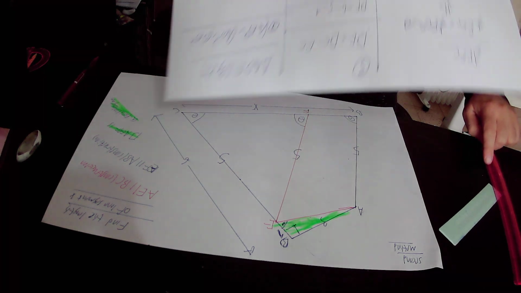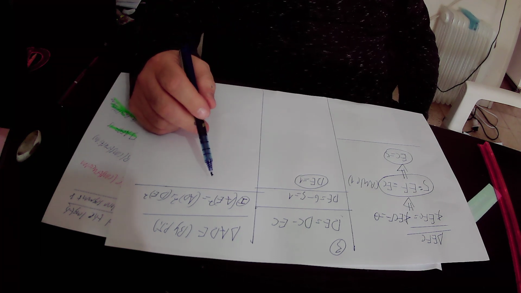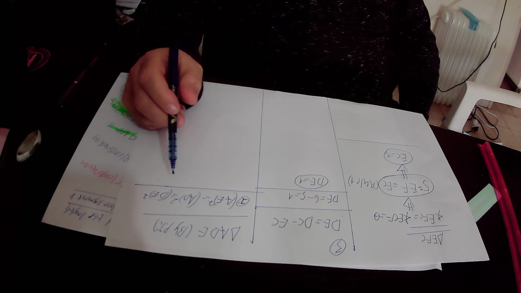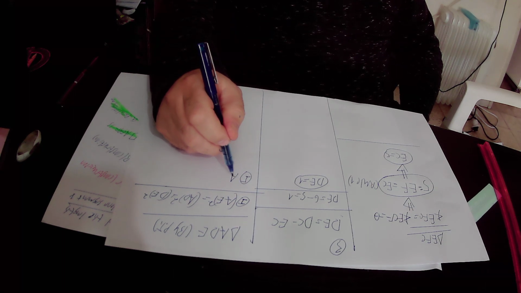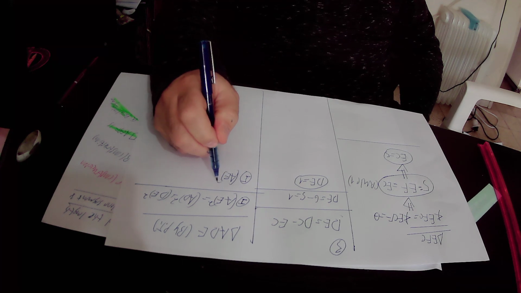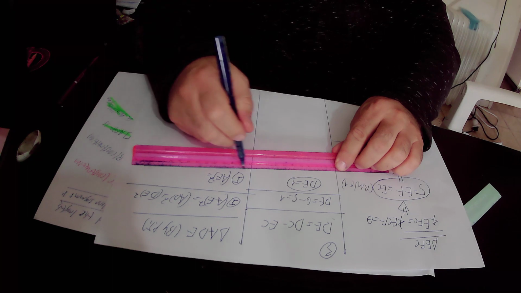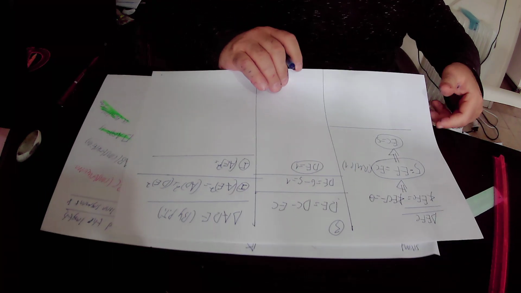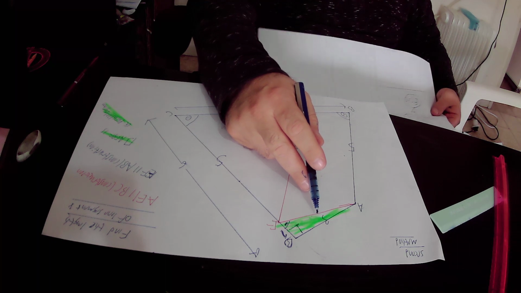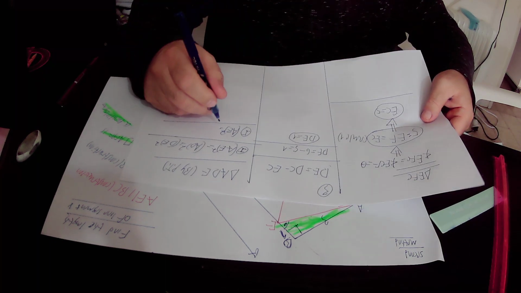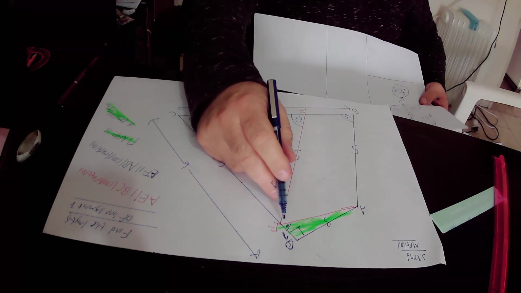I repeat again, in the right triangle ADE, according to the Pythagoras theorem, AE squared equals AD squared plus DE squared. AD equals 3 according to what is given in the question, so AD squared is 3 squared, that is 9, plus DE squared. DE equals 1, so DE squared is 1.